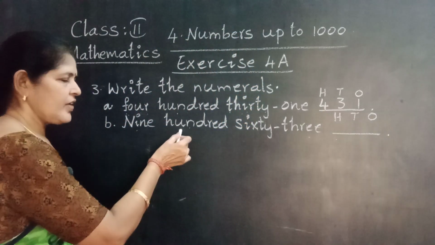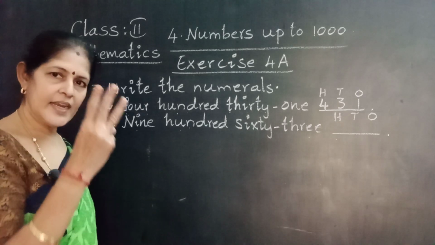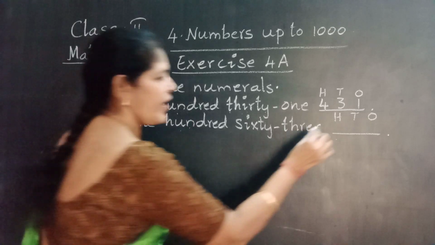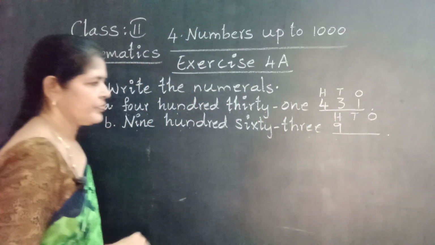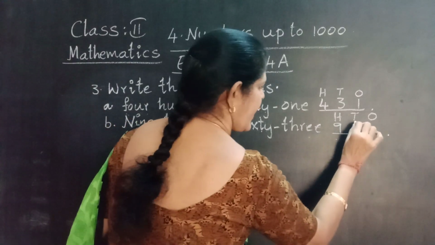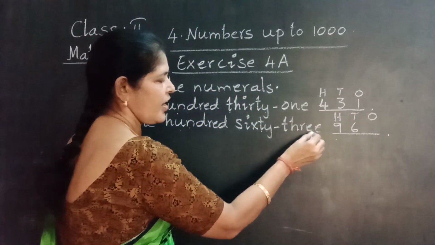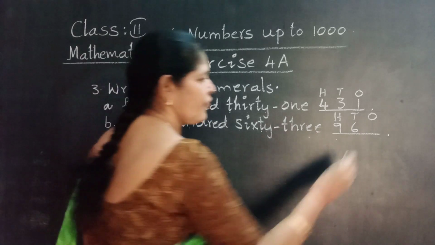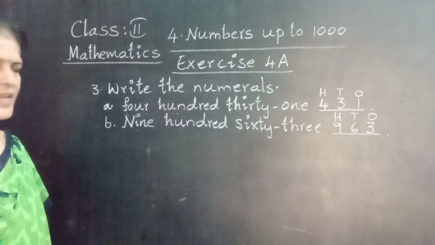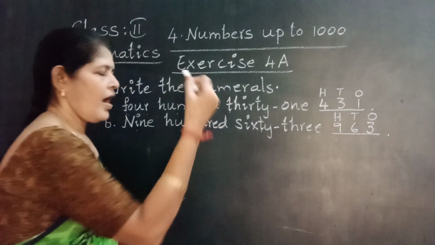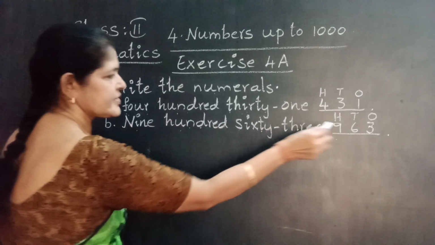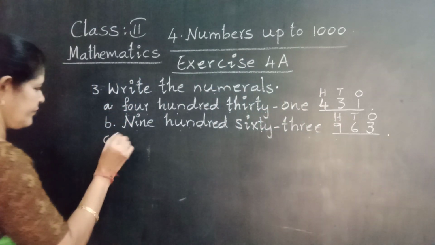The number starts with HUNDRED. That means a 3-digit number. NINE HUNDRED, 9 is in the hundreds place. SIXTY, 6 tens. THREE. 963. Numeral or number, same. Okay? 963. Go to C.